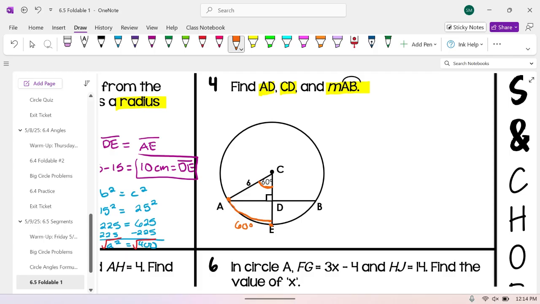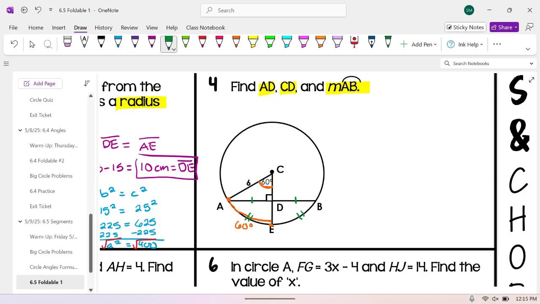This is the second theorem we talked about. They bisect each other, which means to do what? Cut it into equal pieces. So these two segments are congruent to each other. What's also true, it doesn't just bisect the chord, it also does what? It bisects the arc itself as well.